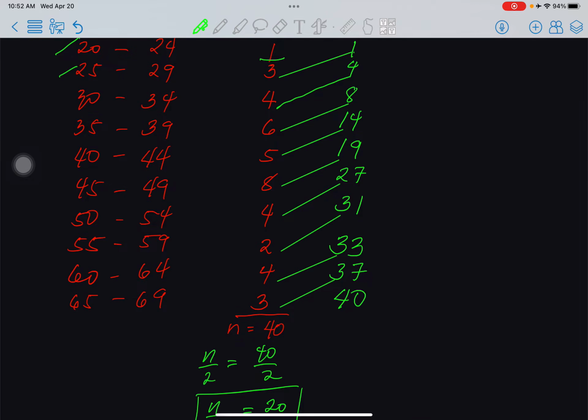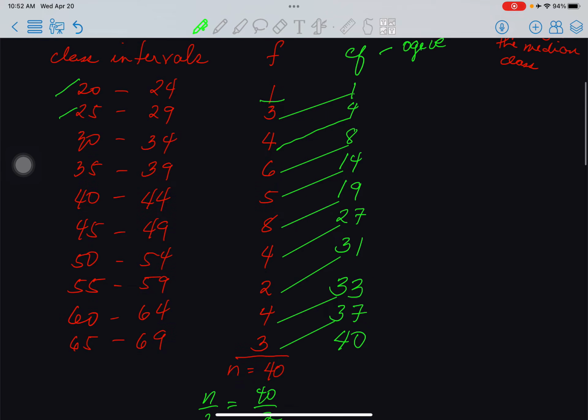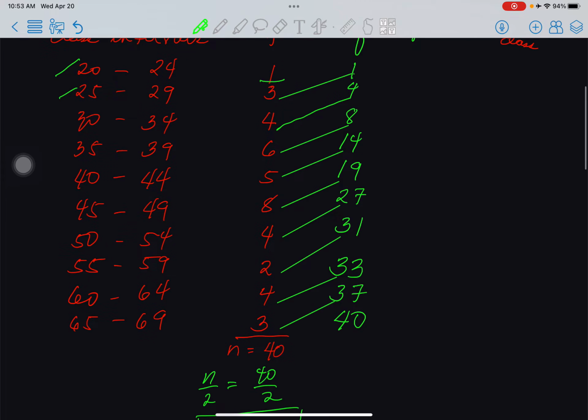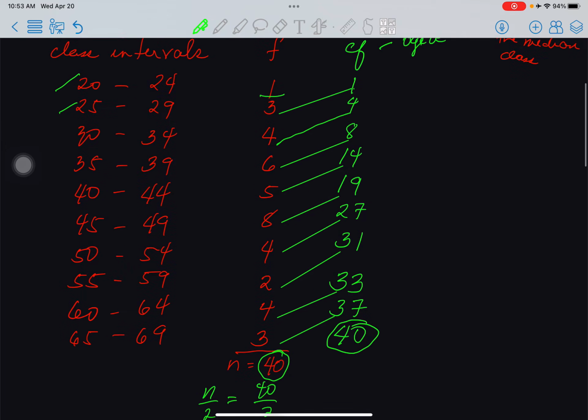Remember, you got your cumulative frequency correctly if the last CF of your class intervals is the same as your total n.